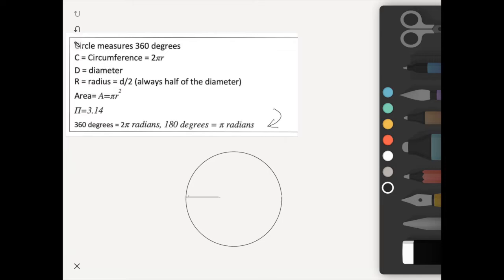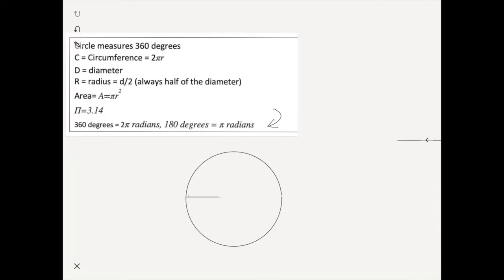And let's say we only have the radius of the circle up to about here, and the radius is 4. If I'm going to calculate the circumference, well, first let's list everything. So we have r is 4, that's the radius. The diameter is always 2 times the radius, or the radius is always half of the diameter. So the diameter is 8. 2 times 4 is 8.